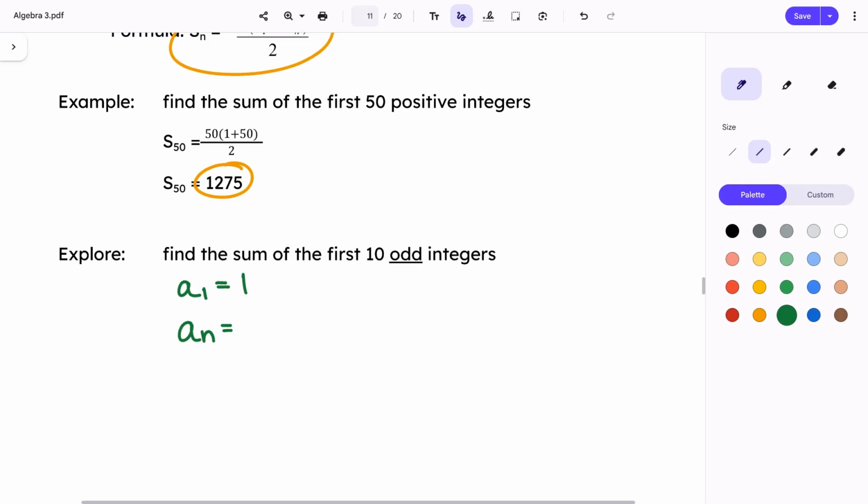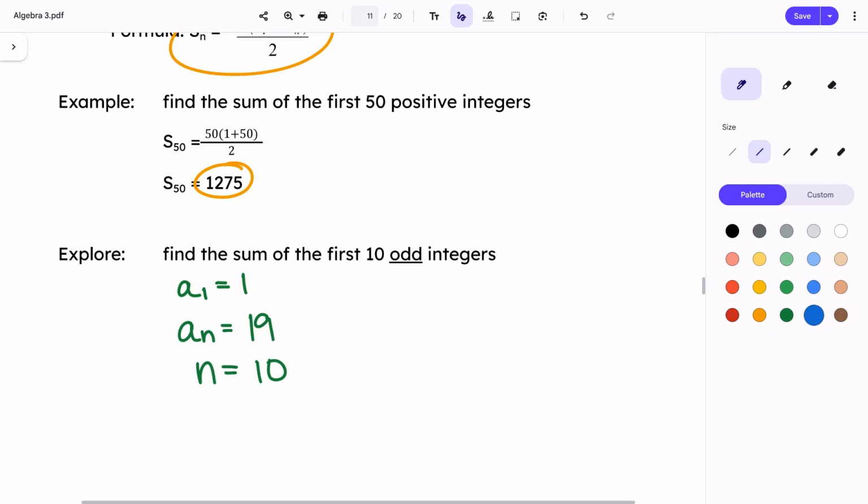A little more than 11. Because 1, 3, 5, 7, 9, 11, 13. Too big. 15, 17, 19 would be the first 10. So 19 would be your last term in the sequence here. And my total number of terms would be 10. So 1 to 19 would have 10 odd numbers there.